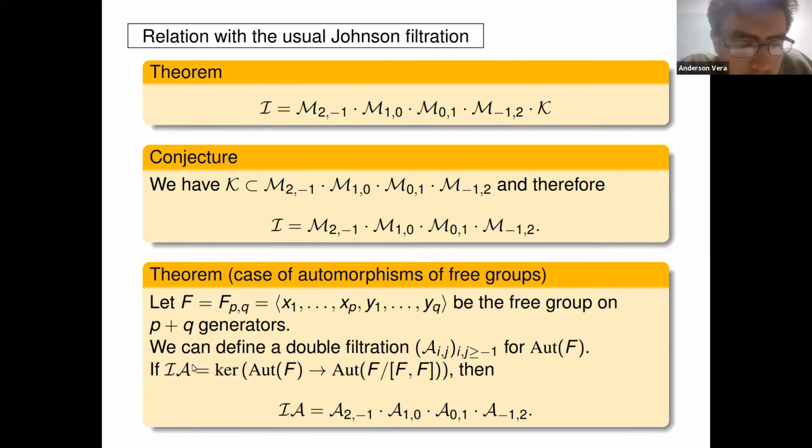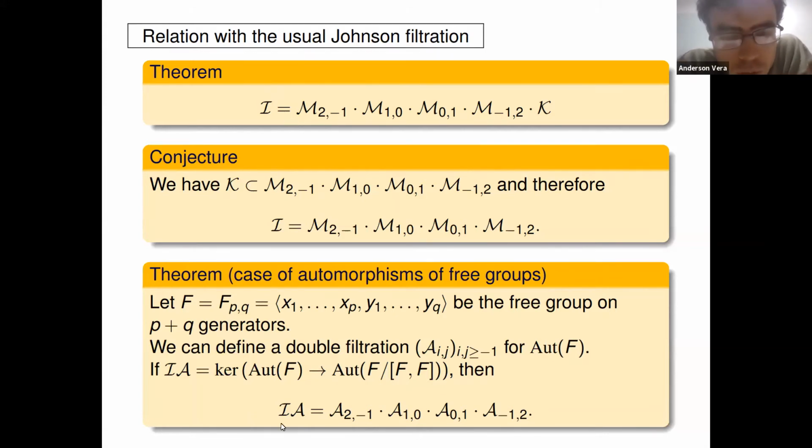If we consider the analogue of the Torelli group, the elements which act trivially on the abelianization, this group can be written as the product of the 4 subgroups of the double filtration appearing in the first diagonal. This is more or less the reason we expect that this is also the case for the Torelli group.